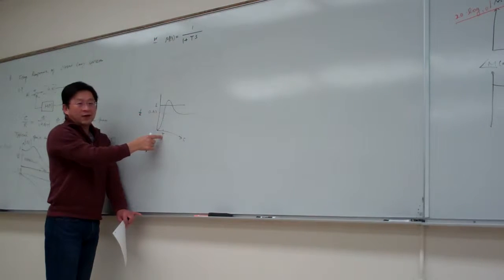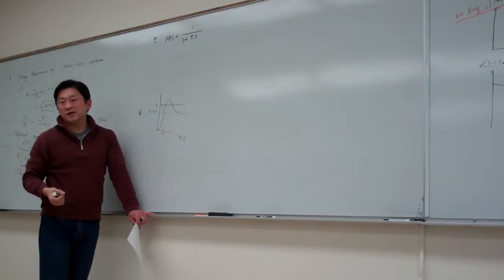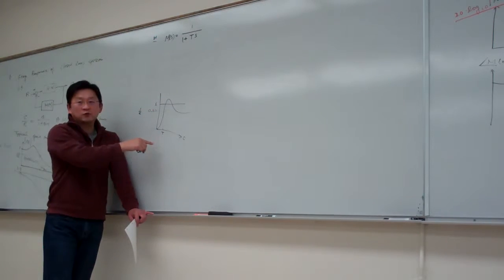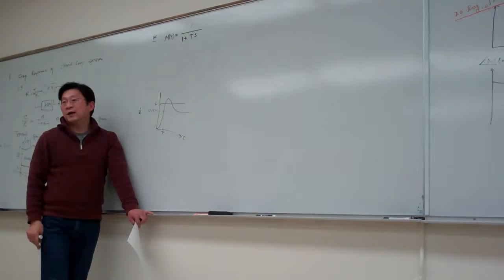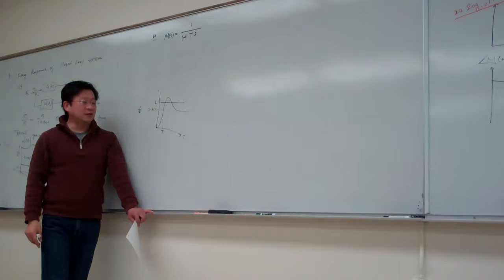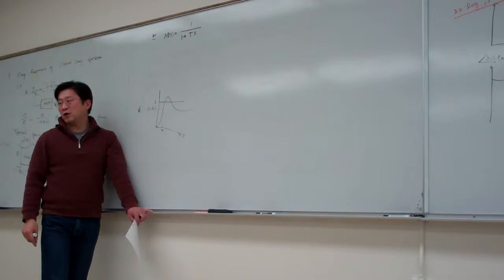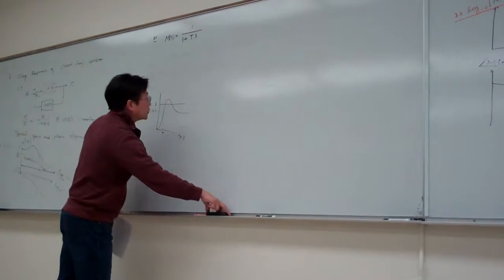So this T, time constant, also can serve as an index of system performance. And the role is pretty much like rise time. For a system to be very fast, the time constant is usually small. If the time constant is large, then we say the system is slow. Okay, so that is the definition here.